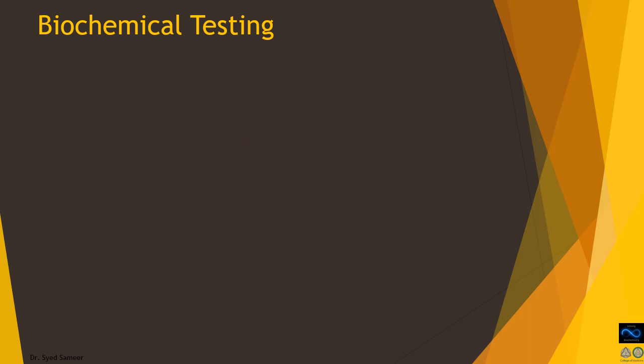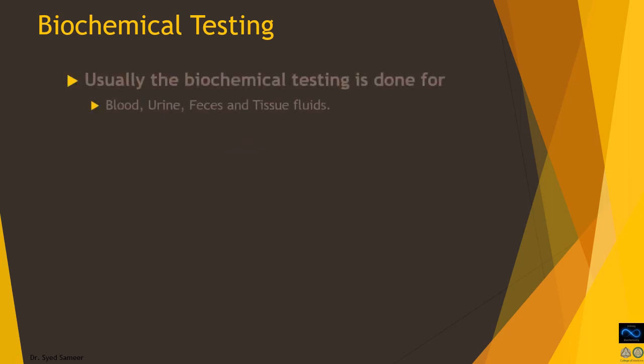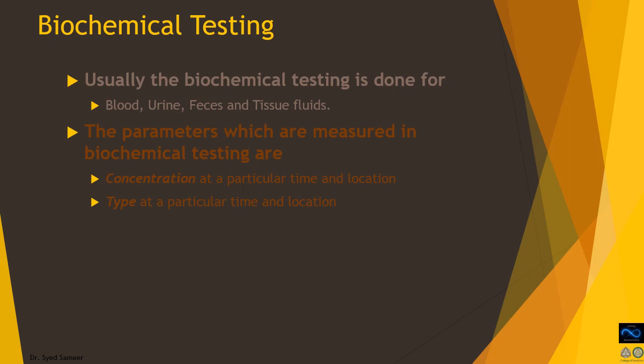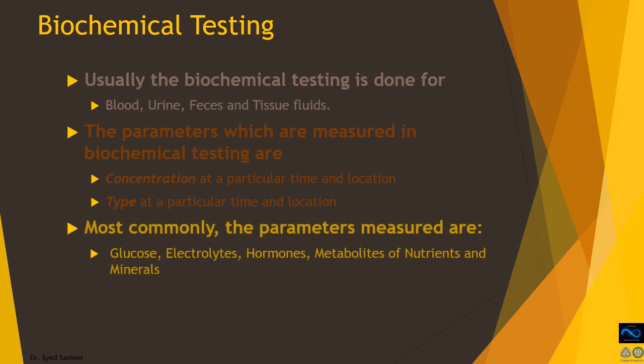What we do the biochemical testing for, or what we do the measurement of biomarkers for, are usually blood, urine, feces, or any other kinds of tissue fluids. And the parameters which we measure in biochemical testing are usually of two different types. Either we measure the concentration at a particular time and location, or we measure the type of a biomarker at a particular time and location.